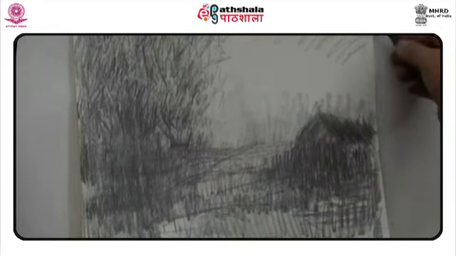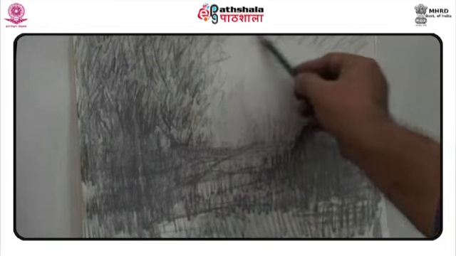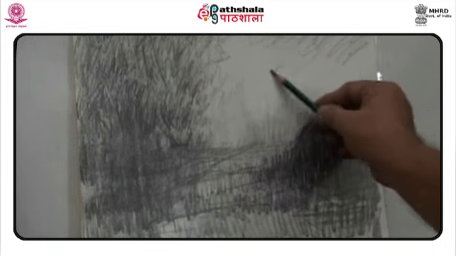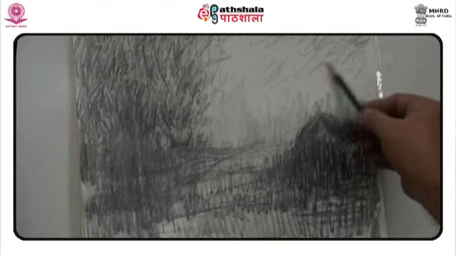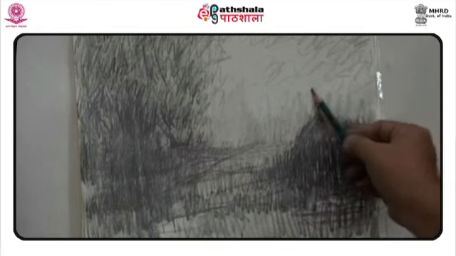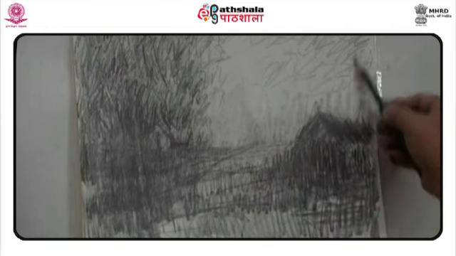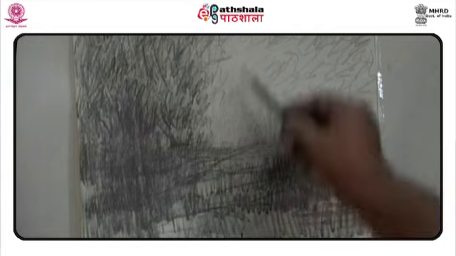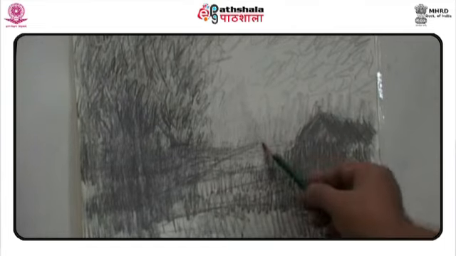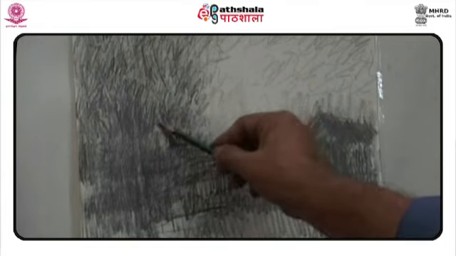The focus is still on the white of the paper being exposed in the center of the drawing among all the scribbles. It's indicating the source of light.